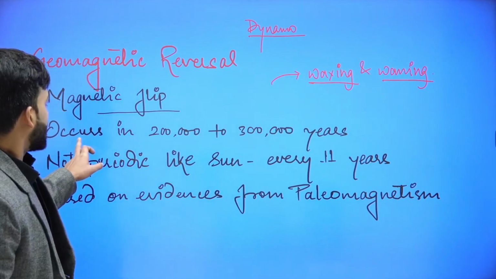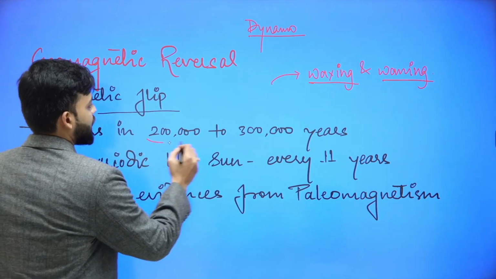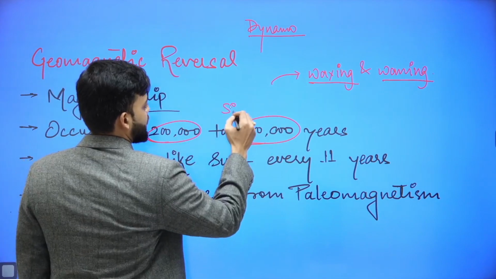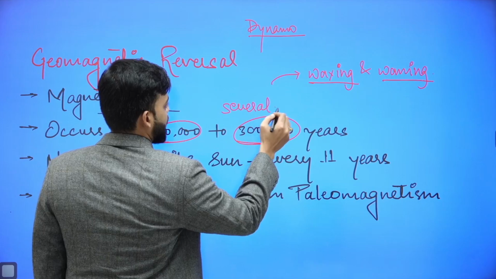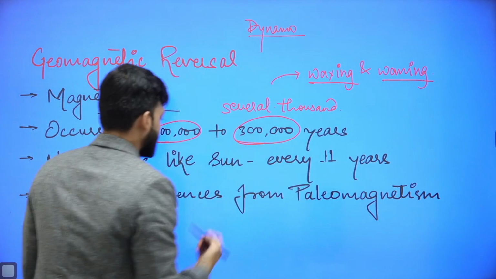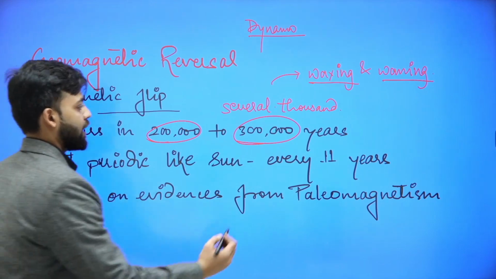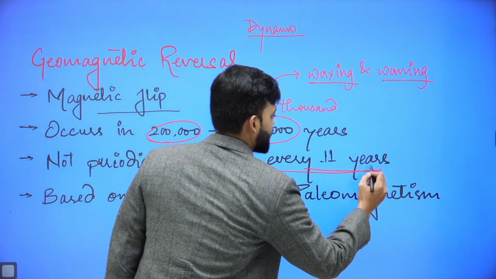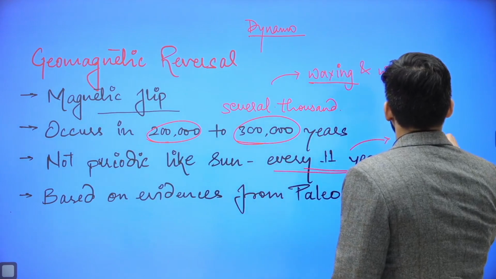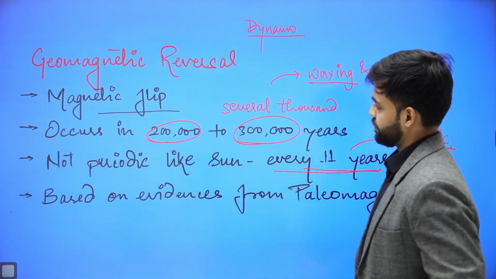Now, this geomagnetic reversal occurs every 200,000 to 300,000 years. So basically, in several thousand years. Whereas if we see the magnetic reversal in Sun, it happens every 11 years. So in Sun, the magnetic reversal is periodic in nature, whereas in Earth, there is no such periodicity.